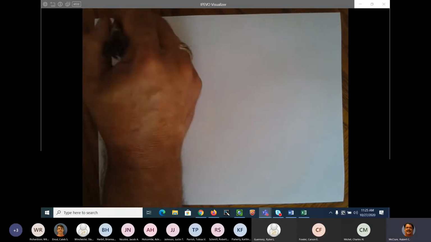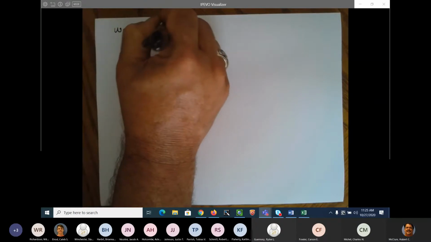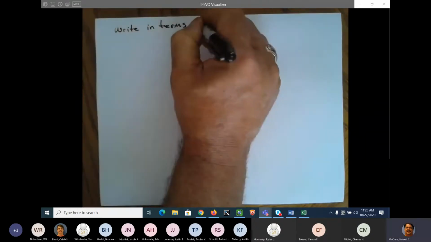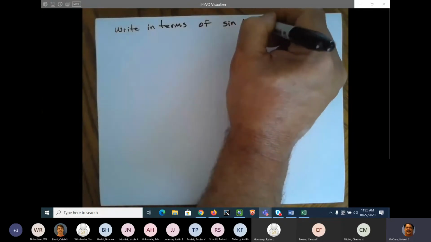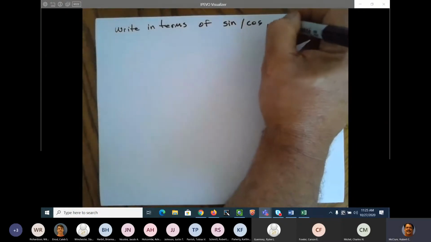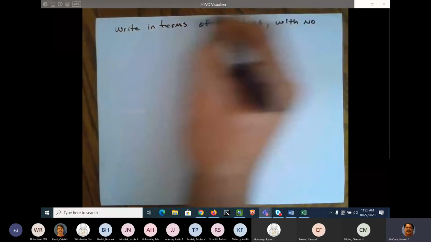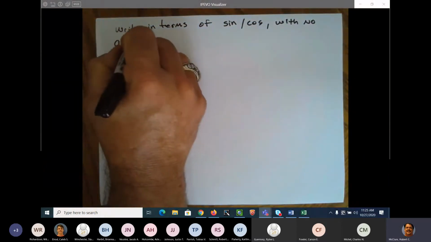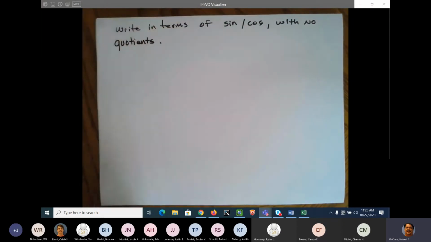Write in terms of sine and cosine with no quotients at the end. So in other words, at the end, you're going to get something very small.